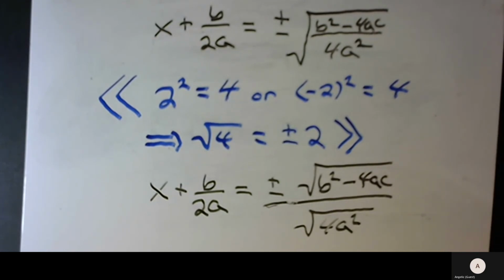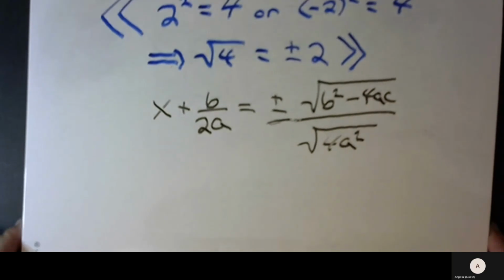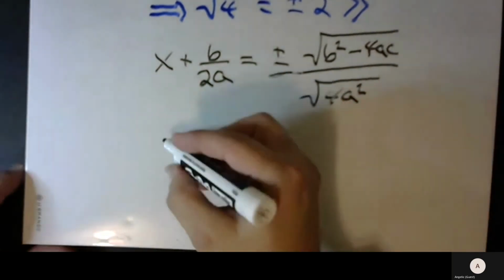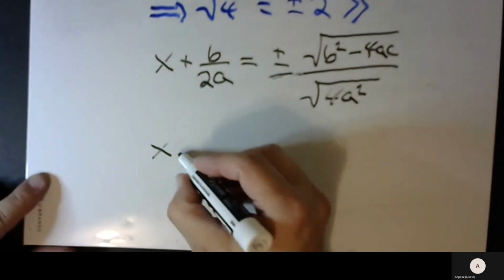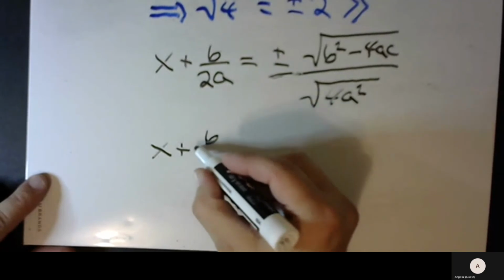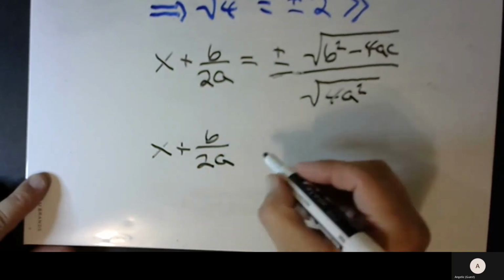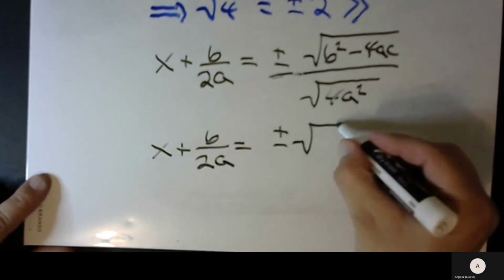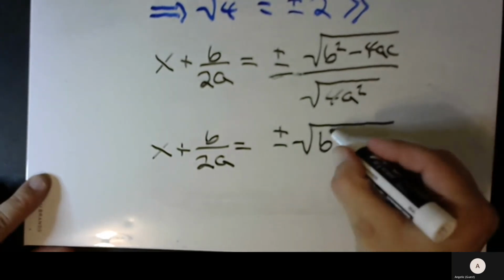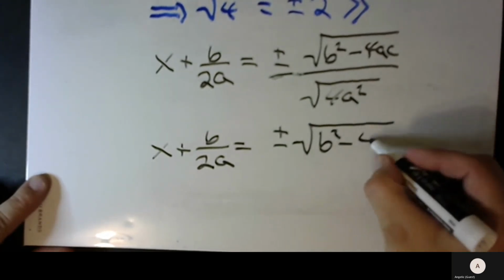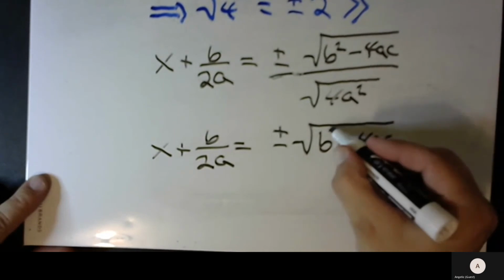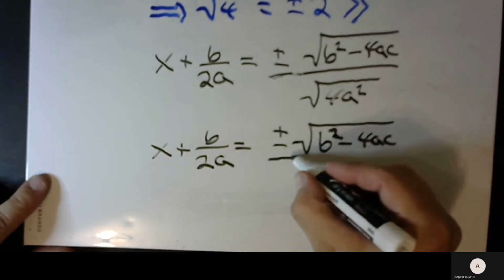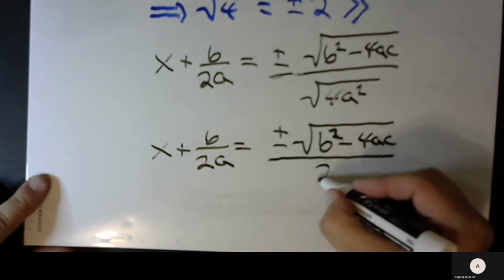Now the square root of 4a squared, well, that's 2a.